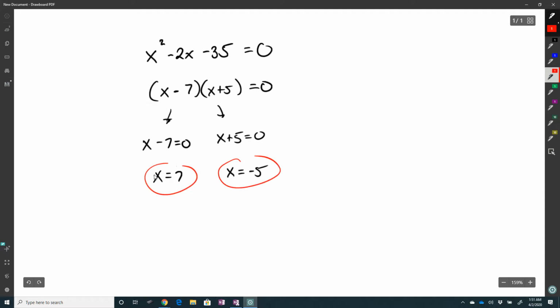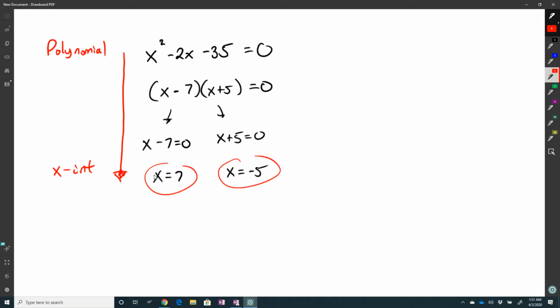When we're doing this problem, we're used to doing it this way, where you start with the expanded form, the polynomial, and you end with the x-intercepts. Well, what we're saying in this theorem is that I can completely go backwards. I can start with x equals 7, x equals negative 5, and create my polynomial from that.